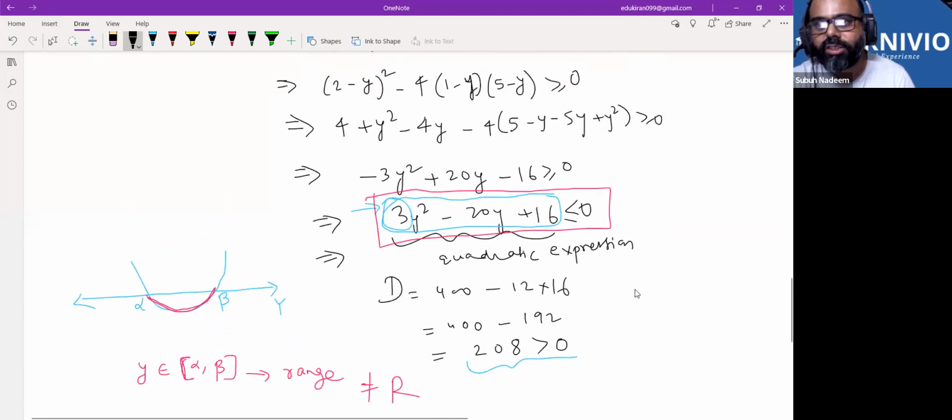It is an into function. So it's many one.